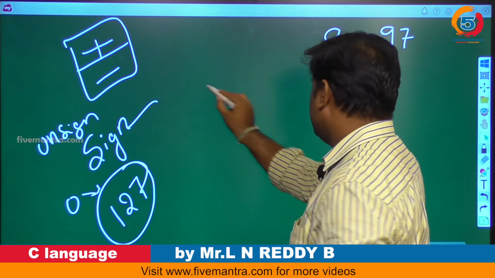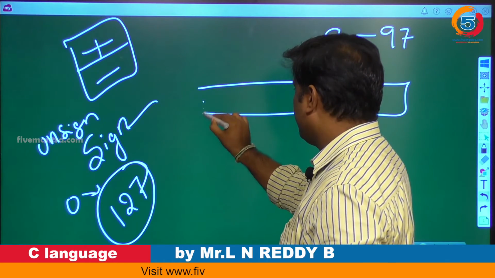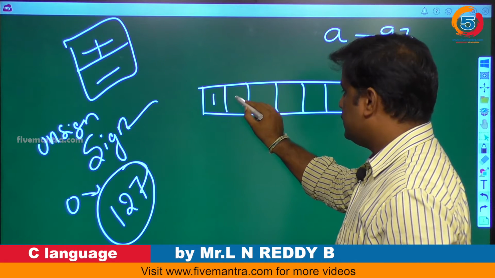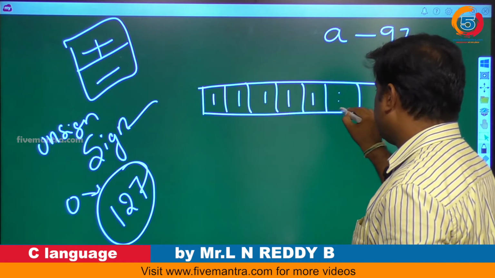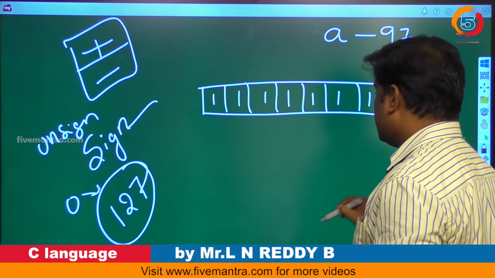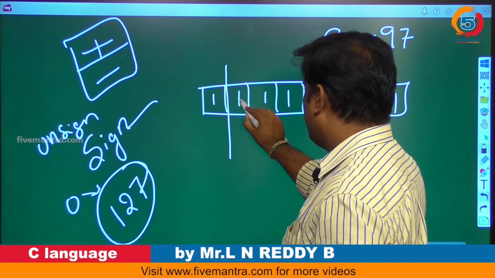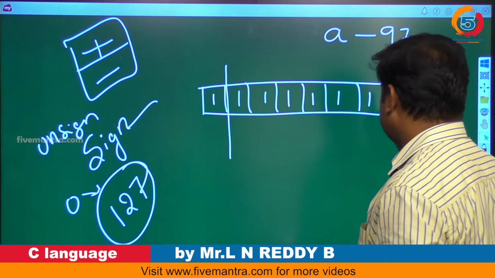If you put all values into ones, then what is the maximum value you can save? 1 2 3 4 5 6 7. This is the maximum number you can save.